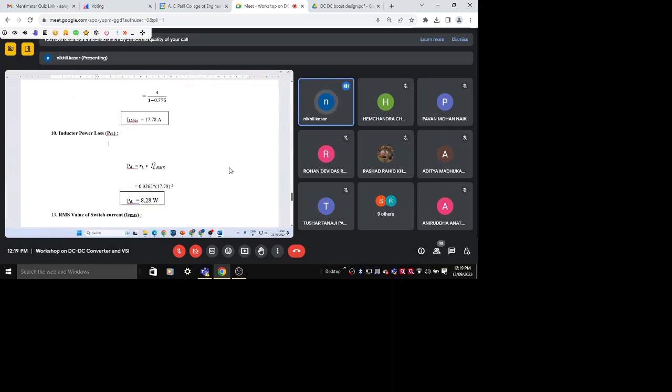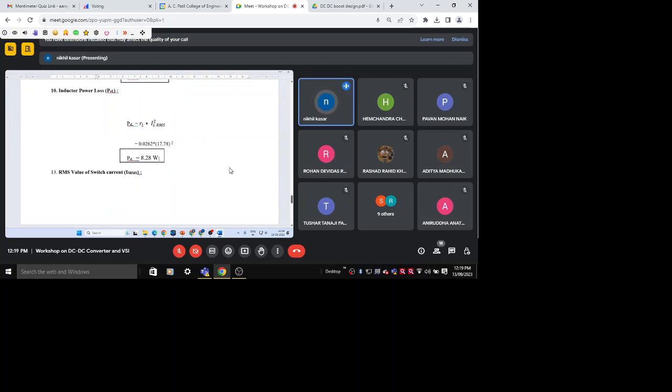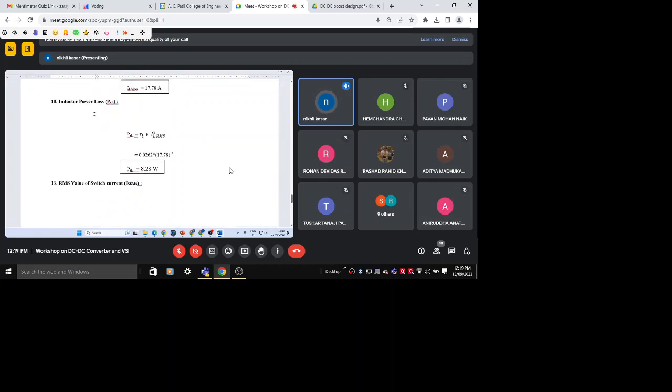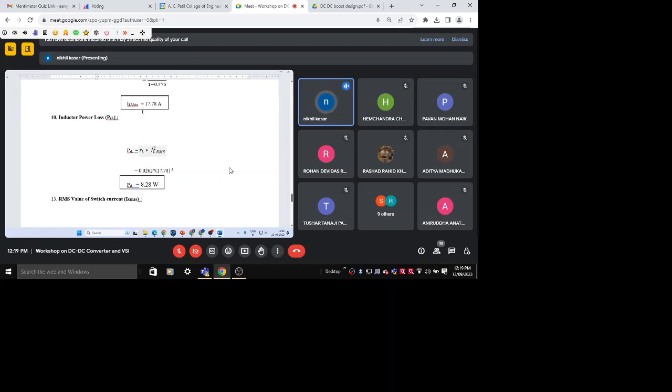Okay, and power loss that everyone knows. Next step is very easy, calculation of inductor power loss, that is I square R losses. Value of current flowing through the inductor is 17.78, its square will be multiplied with the specific value of resistance of the inductor, 0.0.